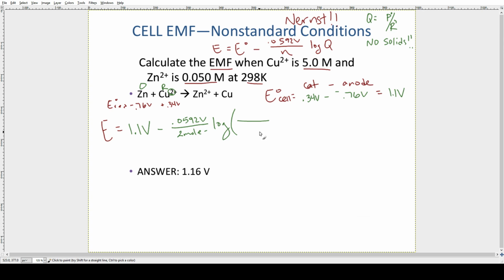So I'm only going to include zinc and copper in this equation. So zinc's concentration is 0.050 molarity. That's my product over my reactant of 5.0 molarity. And if I plug this all in, I come out with 1.16 volts. Be careful if you use this shortcut equation, because it's at 298 Kelvin, it becomes a log instead of a natural log. So be careful.